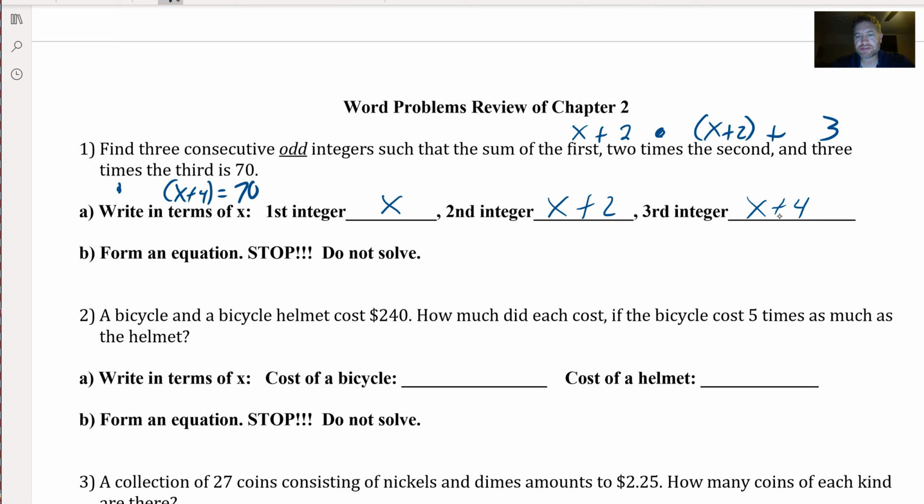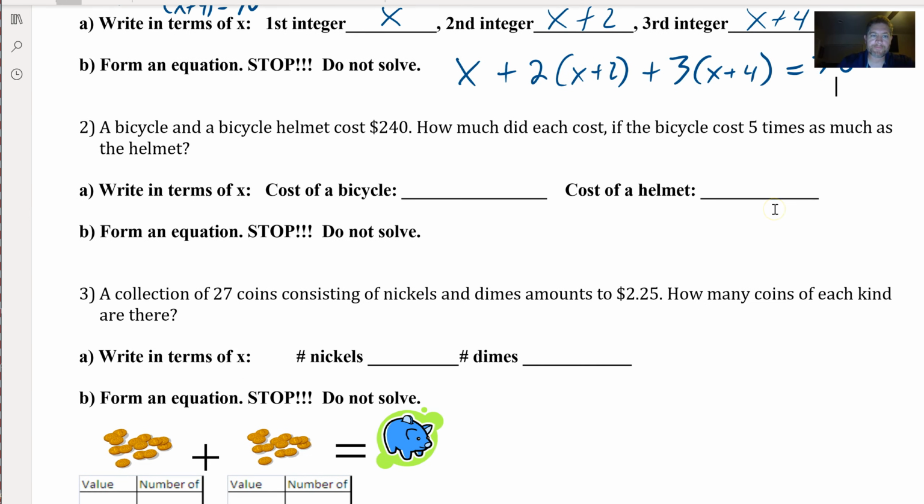So anytime you see a translation like this, you want to just translate it word by word straight across. So you end up with x plus 2 times x plus 2 plus 3 times x plus 4, and that equals 70.